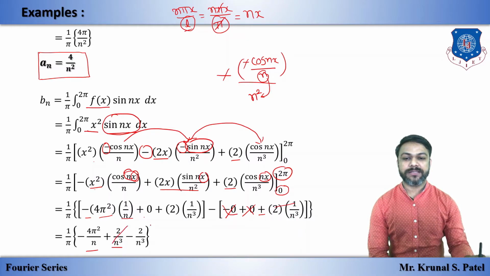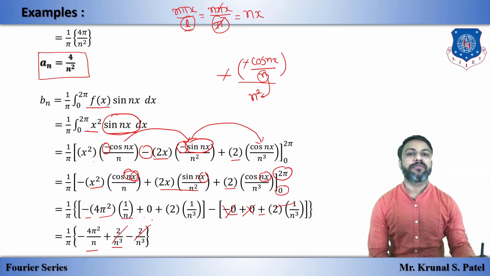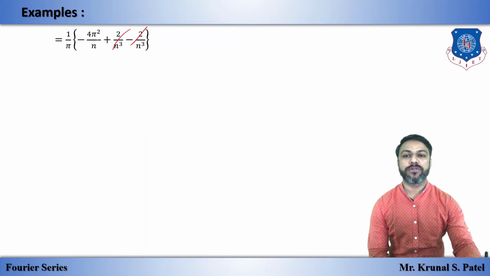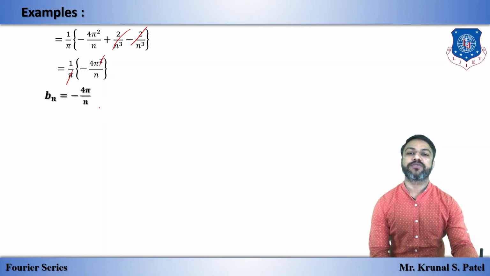Here we can see that these 2 terms will cancel out, and finally we have remaining 1 by pi into minus 4 pi square by n, and then we can cancel this pi, so we have the final answer: bn will be minus 4 pi by n. So the remaining term is this, the pi cancels out, and we have minus 4 pi by n.